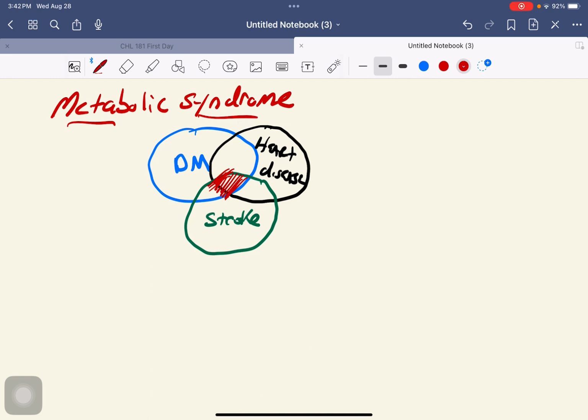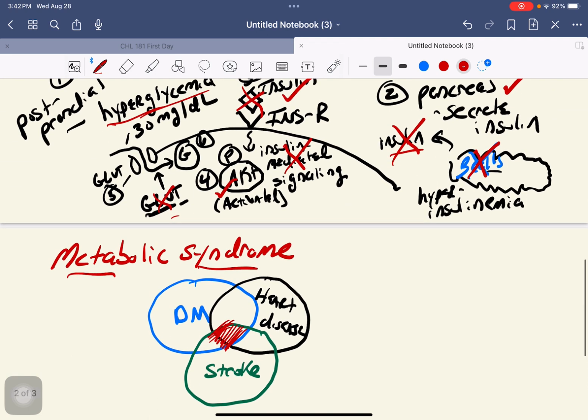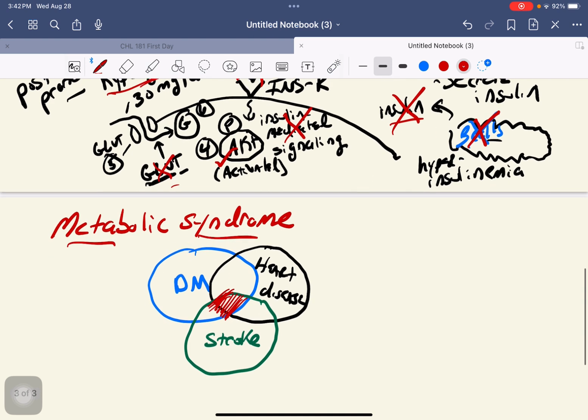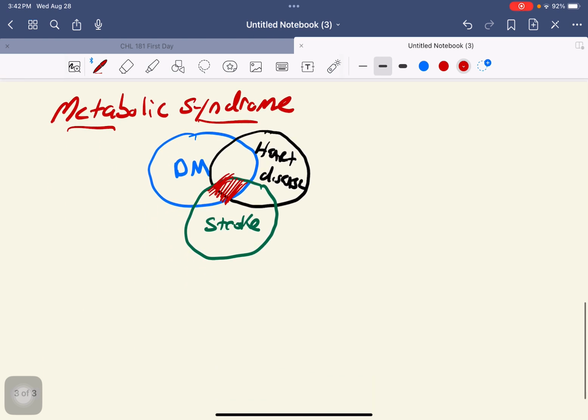So it's not just about excessive sugar in the blood, what's the big deal? Well, it's going to impact a whole bunch of different pathologies and the health of different systems. So that's that link there, this idea of the metabolic syndrome we need to be aware of. And we'll be talking about heart disease and stroke coming up soon.